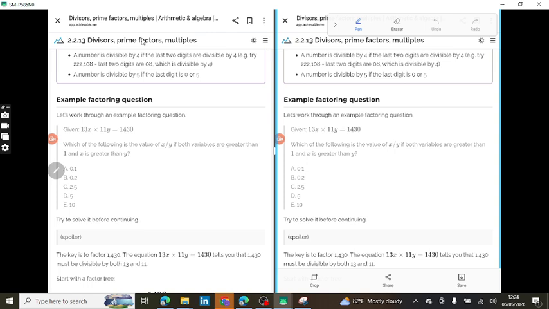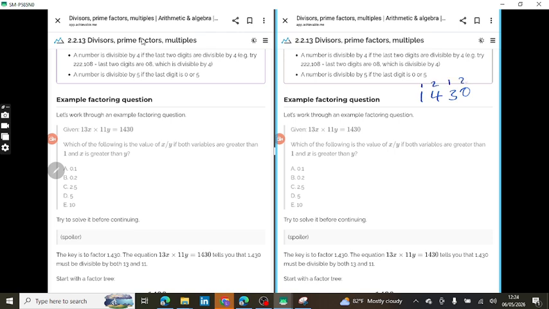For me, it is through the divisibility rule, because it's very handy. A number is divisible by 11 if you add the alternate digits together. You can go back and check this divisibility rule. If you write 1430, you add all the first digits, the 1 and the 3, and you add the others, the 4 and the 0. 1 plus 3 is 4, and 4 plus 0 is 4.